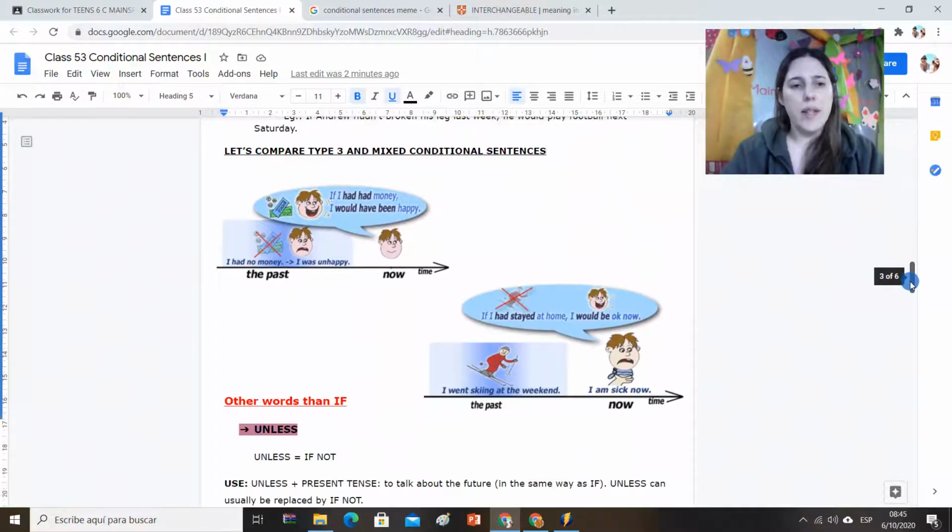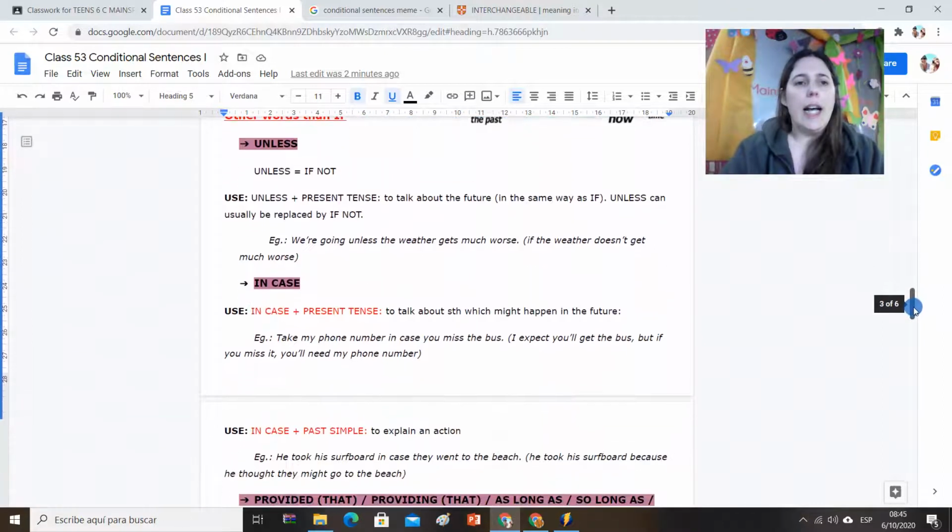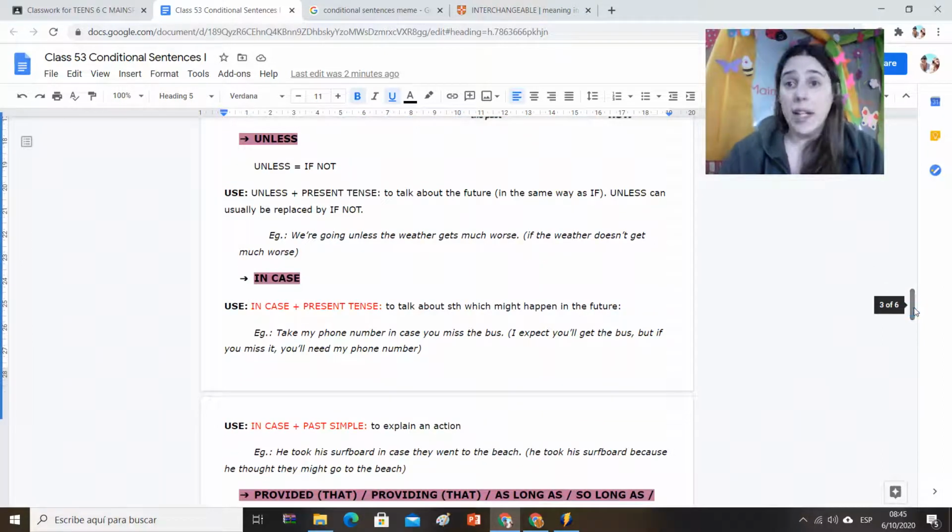Here I gave you an example. And finally, as regards grammar structures, let's see 3 words that can be used instead of if. Okay, unless is going to be used to replace if and the negative verb. Yes, unless is a negative word.